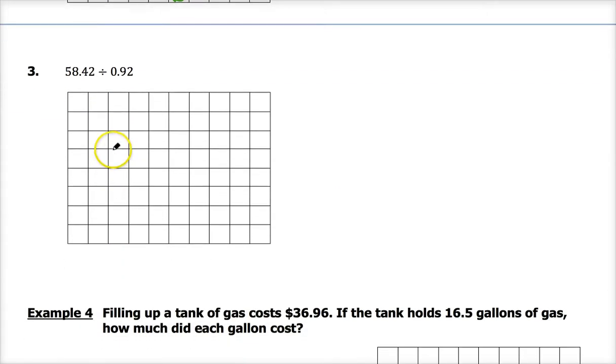Okay, number 3, 58.42 divided by 0.92. So my divisor is 0.92. My dividend is 58.42.